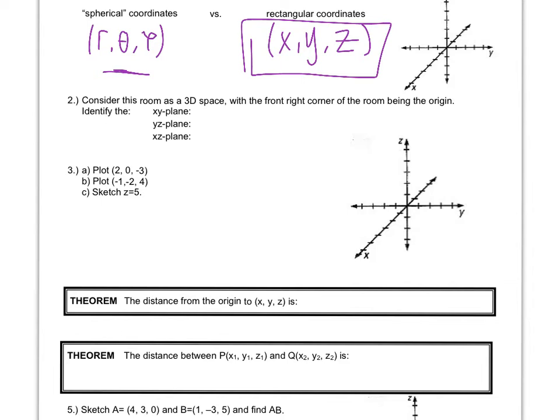But let's plot A and B and C here in number 3. So 2, 0, negative 3. Remember, that's giving us the X, Y, and then Z coordinates. So 2 on the x-axis. The first thing you need to remember is that the x-axis now is coming through this YZ plane, and if you see the little red dot here, that movement is showing X growing larger.